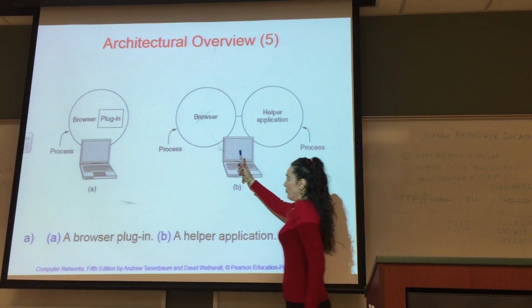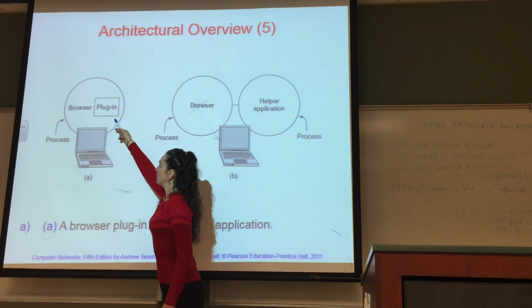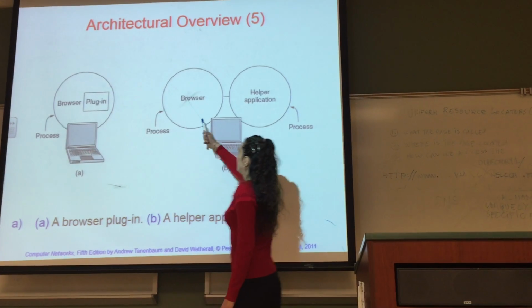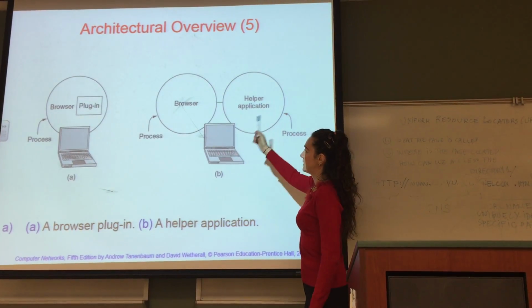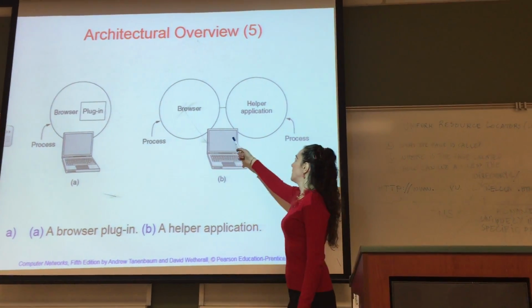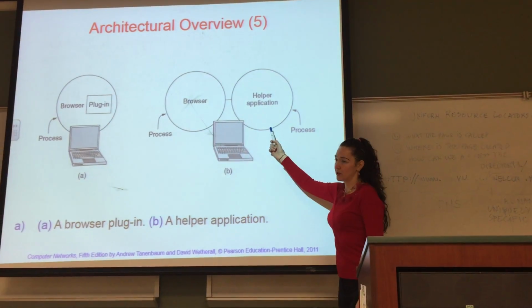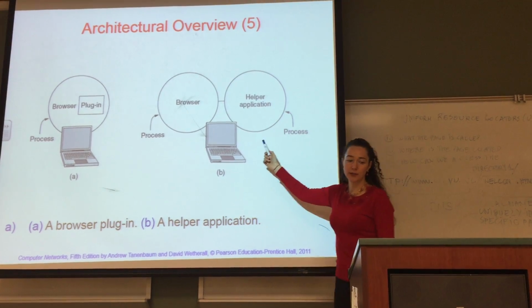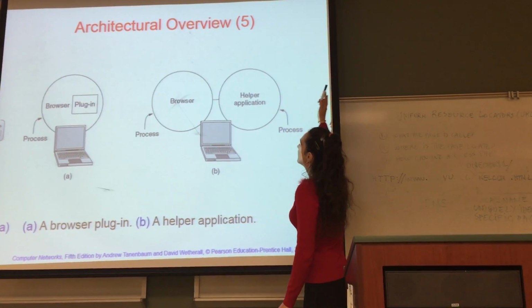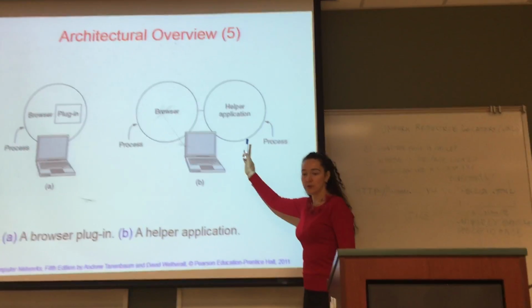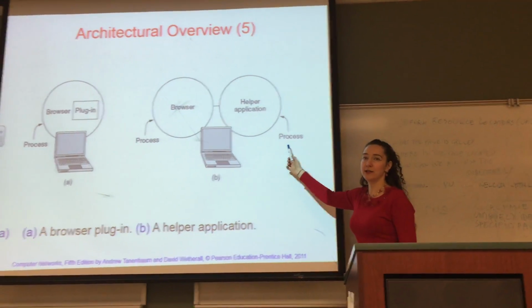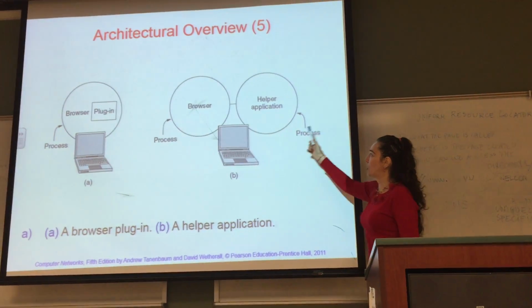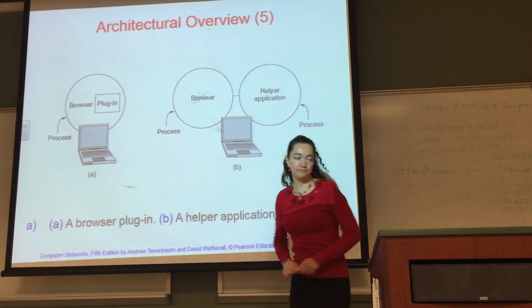So either we will load additional logic inside the browser process, or if the browser is silly enough and doesn't have any plugins, it can get help from an external application. So let's say this is an MP3 file and it needs to play the music, it'll open up some media player, for example. Or if it's a Word file and it cannot display it, it's going to open Microsoft Word or Adobe Reader or something.